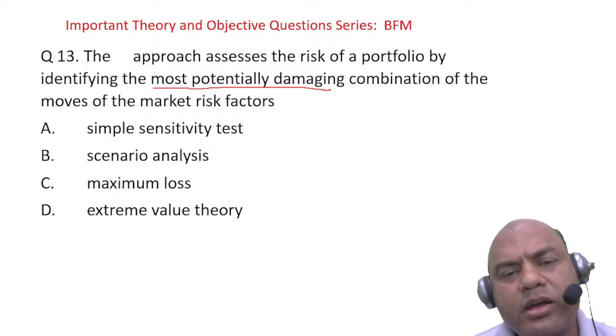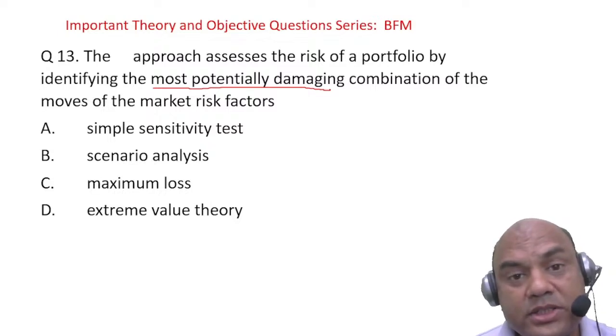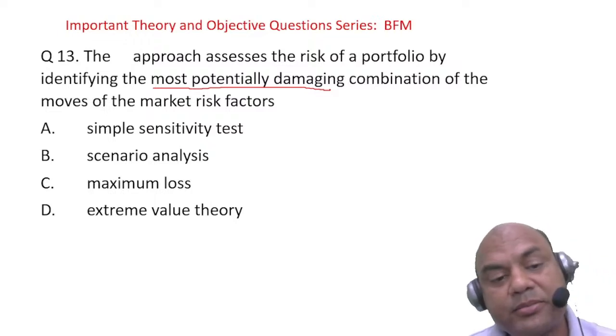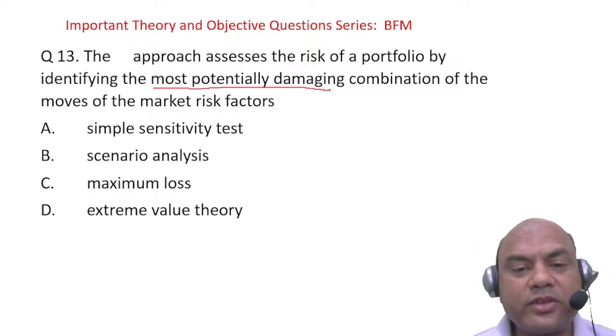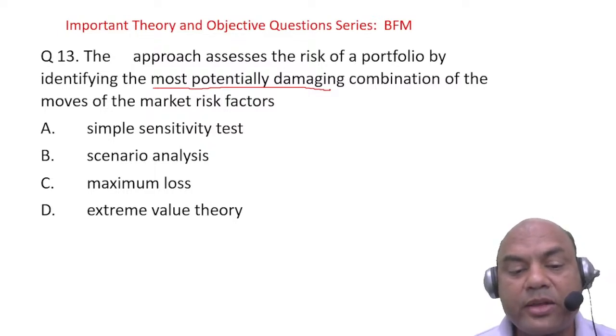Hit it where it hurts, hit it hard where it hurts. That's the logic. So most potentially damaging combination. Many of you might have guessed it. What can be the answer?